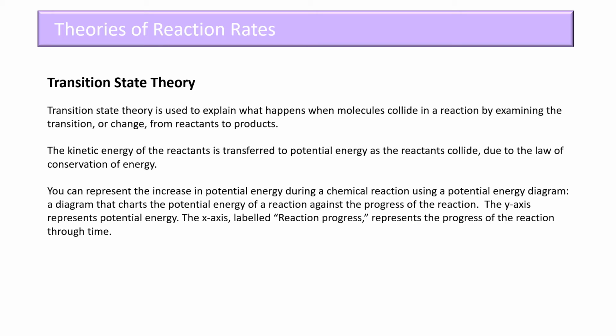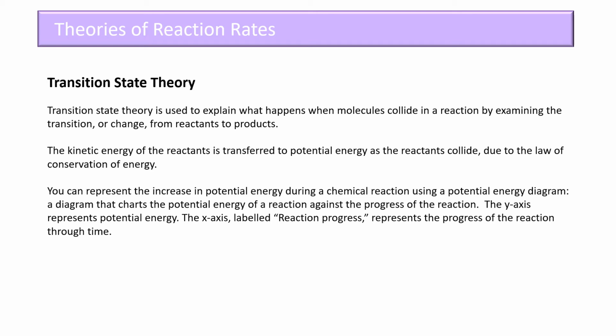So now we have the transition state theory. The transition state theory is used to explain what happens when molecules collide in a reaction by examining the transition or change from reactants to products.